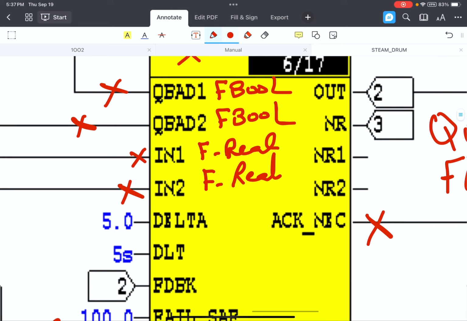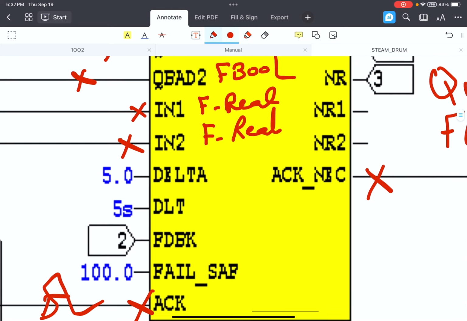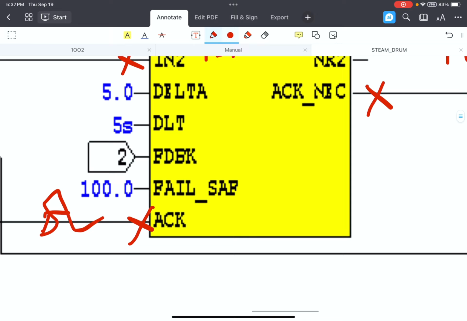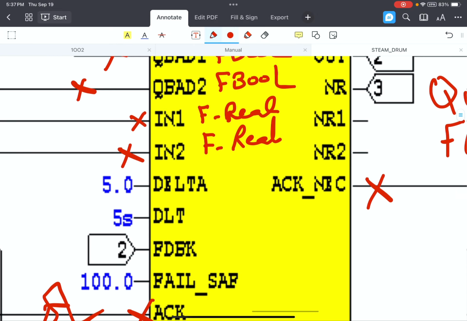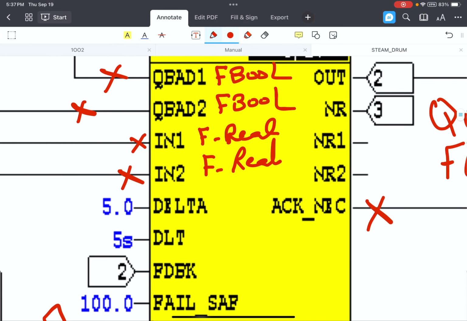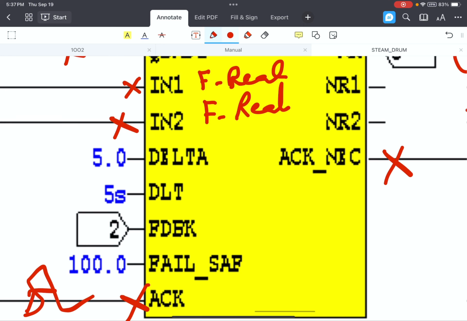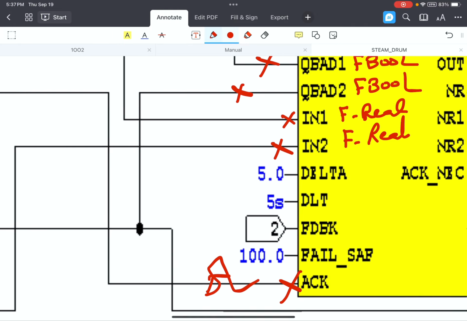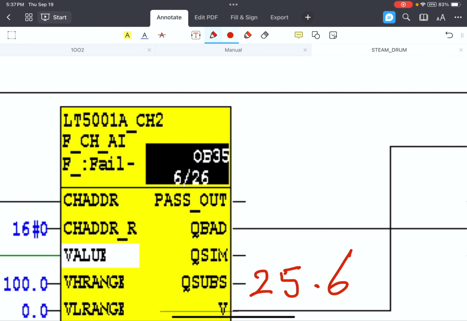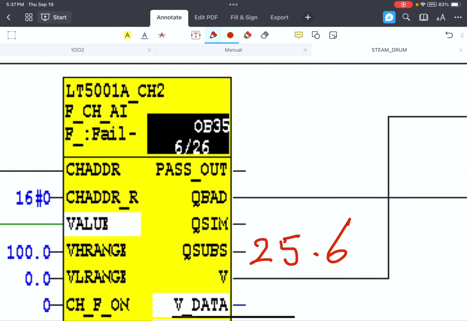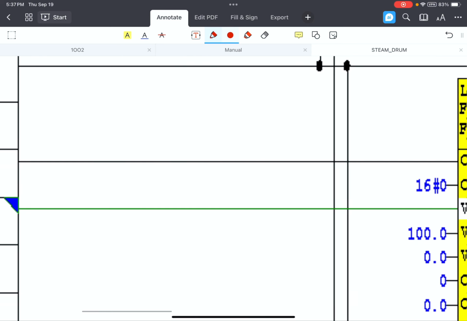So we need to use the output of failsafe drivers to report the quality of signal and the actual value after being converted from raw data in the input channel.